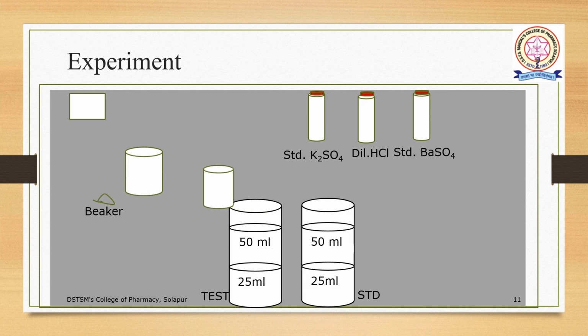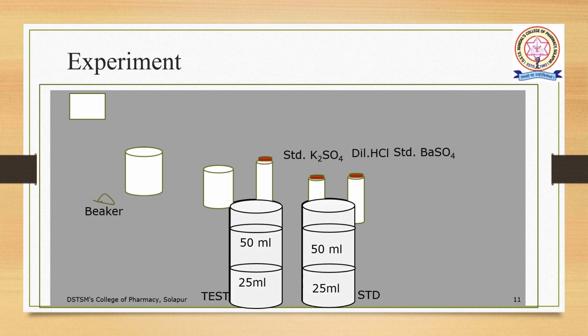For standard solution, take standard potassium sulfate solution, then add 2 ml of dilute HCl in standard as well as 2 ml of dilute HCl in the test solution. Then take 5 ml of barium sulfate reagent in standard as well as in the test, and then adjust the volume up to 50 ml by using distilled water.